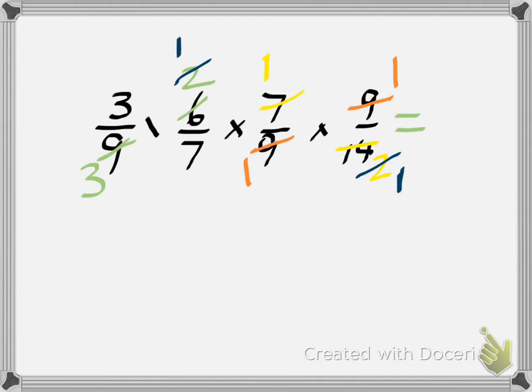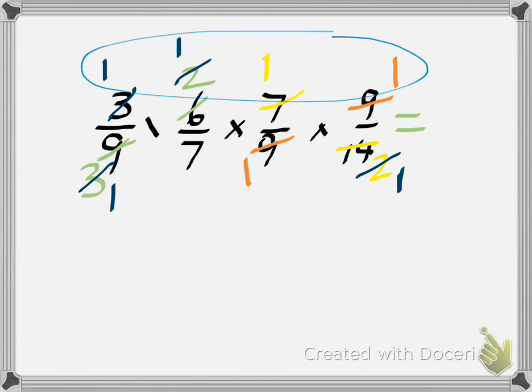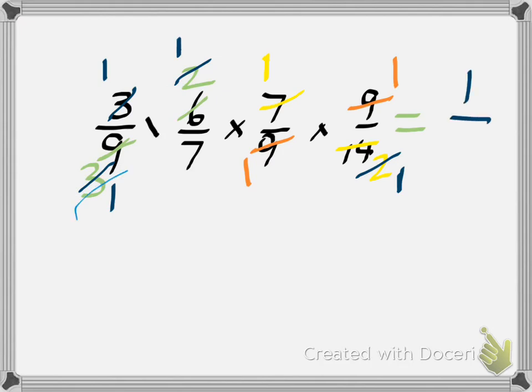I could also say these two 3's here, even though they're on top of each other, 3 over 3 is 1, so 1 over 1. So now we can see we have all 1's on the top, which is going to equal 1, and then for our denominator, 1 times 7 times 1 times 1, so 1/7.